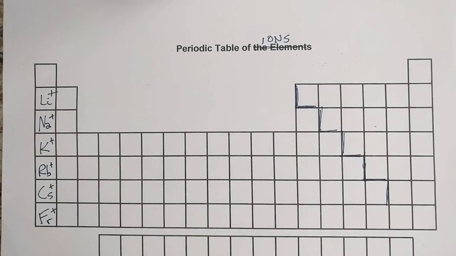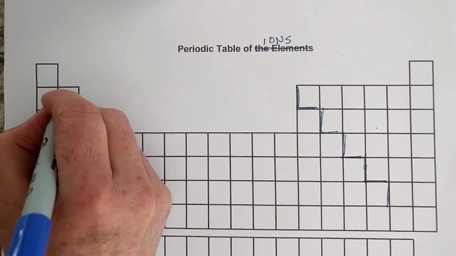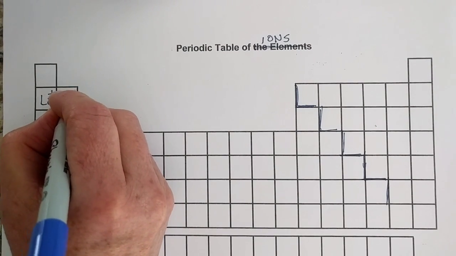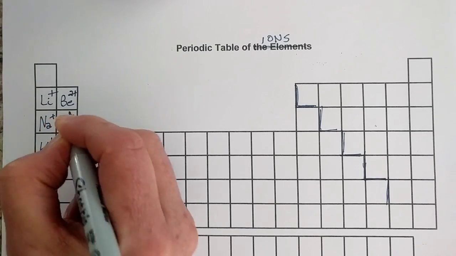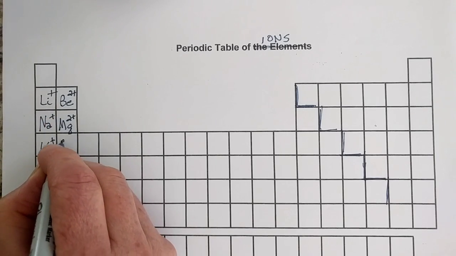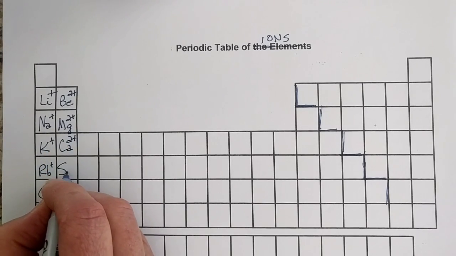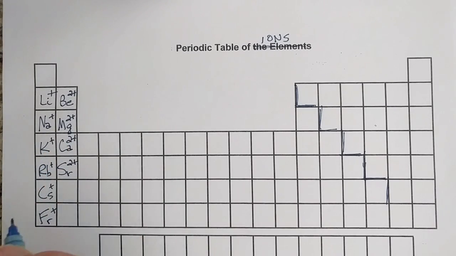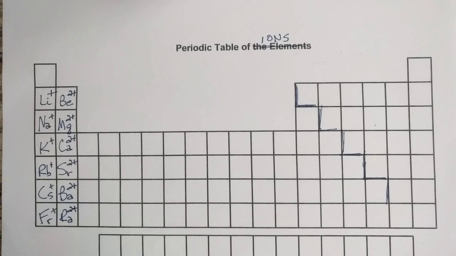Go to group 2. Group 2, they will always be 2+ ions. So we have beryllium, 2+, magnesium, 2+, calcium, 2+, strontium, 2+, barium, 2+, and radium, 2+.